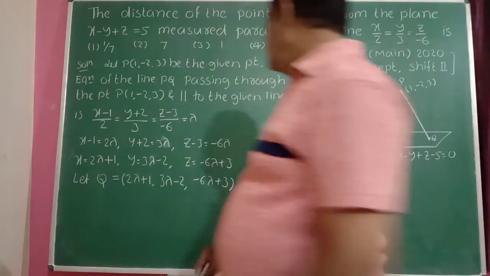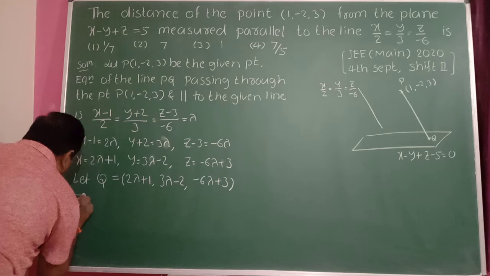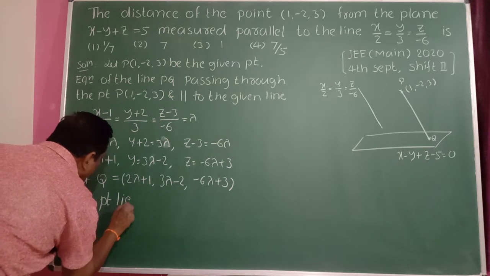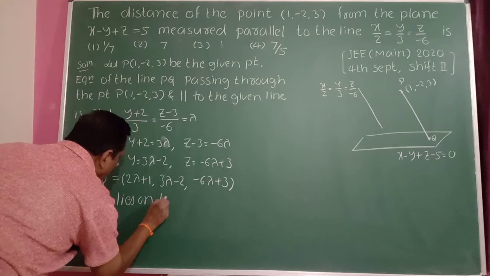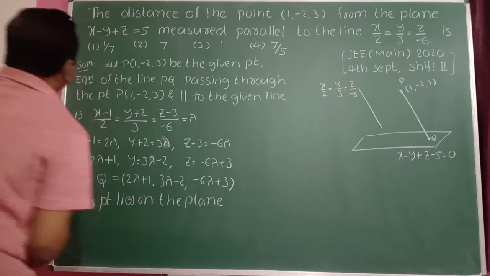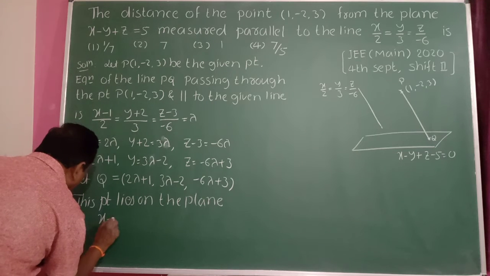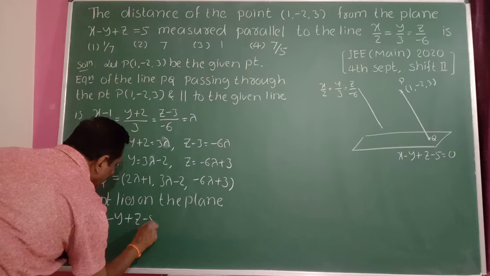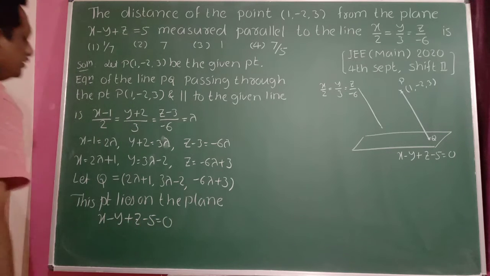The plane is already given: x - y + z - 5 = 0.